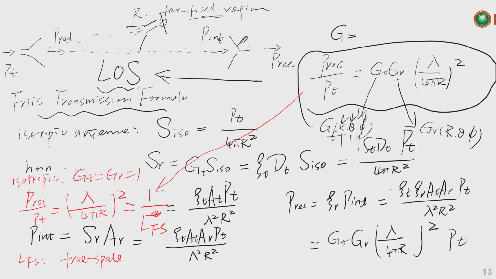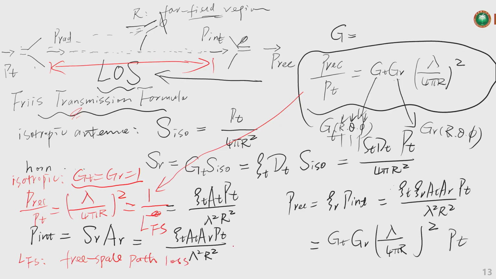This is the loss, the received power divided by the transmitted power, for antenna gain equal to 1, where there is only the loss due to propagation from this side to this side. So we call it the free space path loss.